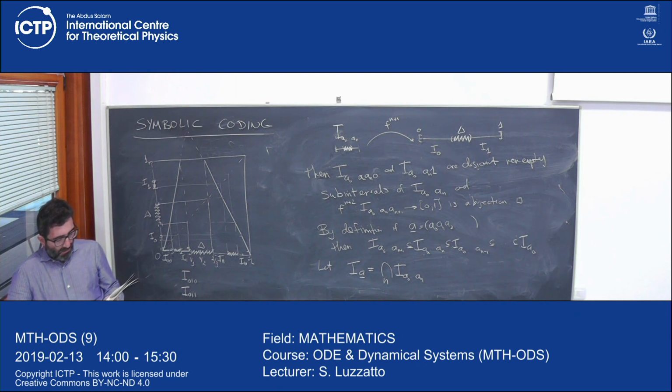And what do we know about this intersection? It's closed. It's non-empty. Why is it non-empty? No, this does not contain any fixed points.